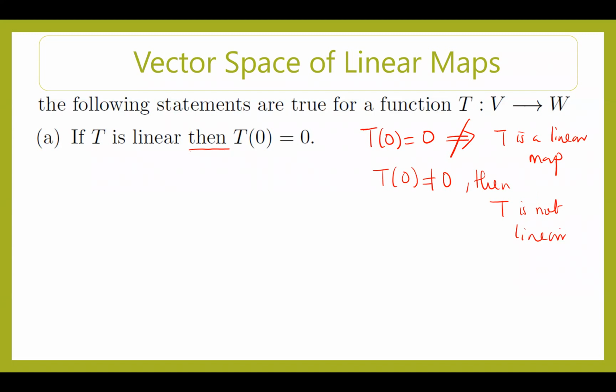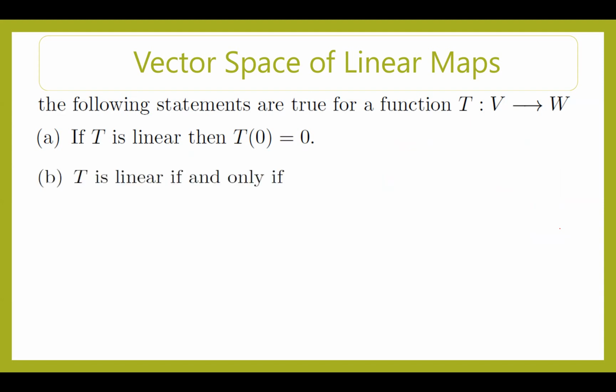If T of 0 is not 0, then T was not linear in the first place, because if it was linear, T of 0 would be 0. I advise my students most of the time, whenever you have a function and want to show that it is a linear map, it doesn't cost much to check T of 0. If T of 0 is 0, there is nothing to conclude, and you move on. If T of 0 is not 0, then you can stop and say T is not linear. This is a very important concept.